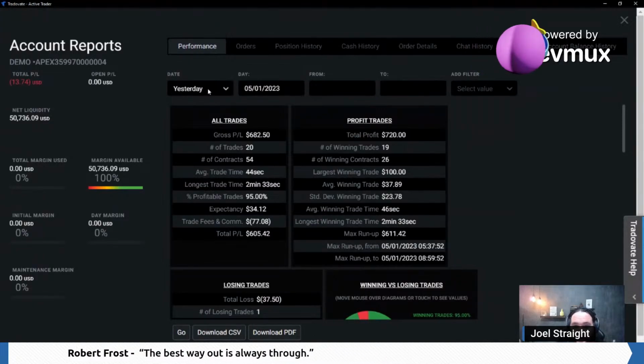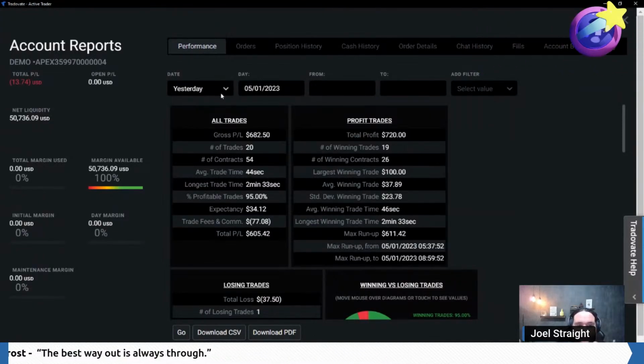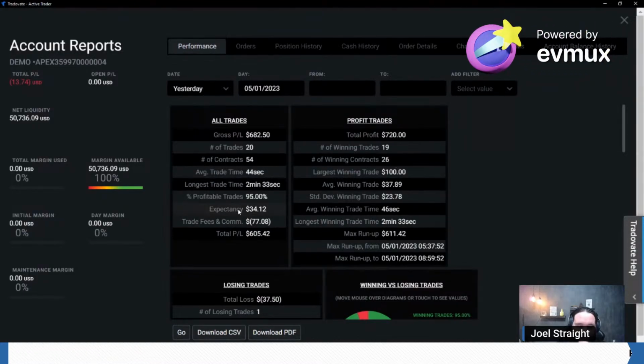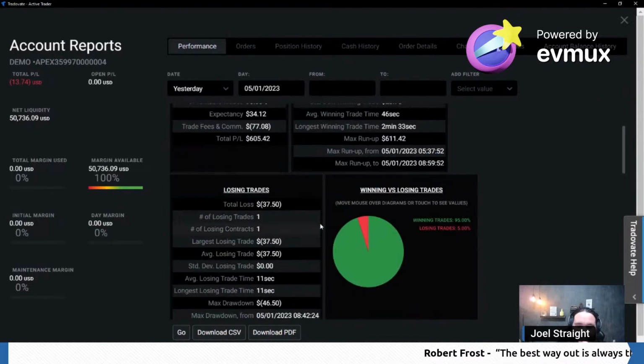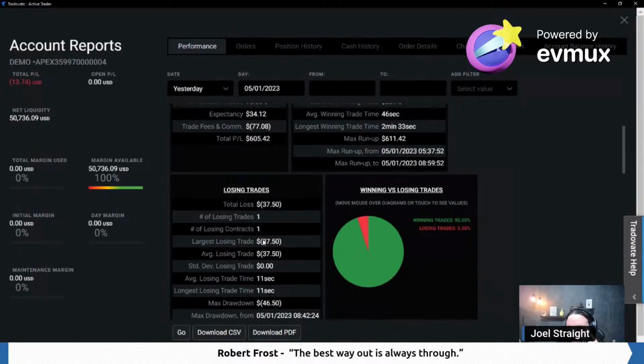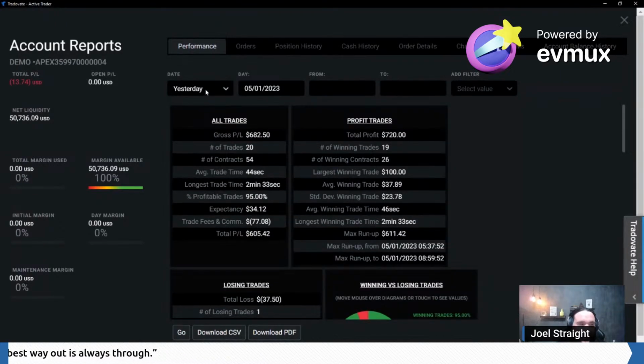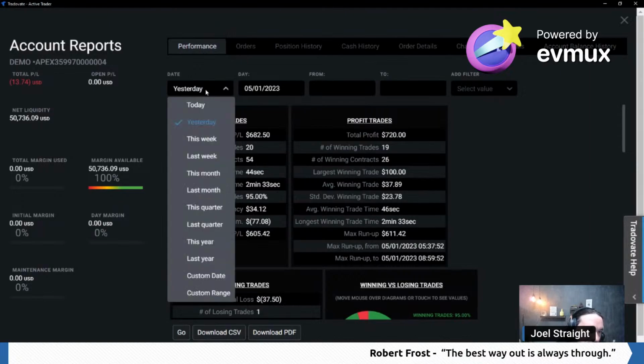So we had a really great day yesterday. 19 wins on 20 trades because of one accidental, and 100% accuracy outside of the one that I didn't even know that I was in. I had it sitting there and then I hit cancel and it canceled out the buy but not the sell, and it went short on an uptrend.